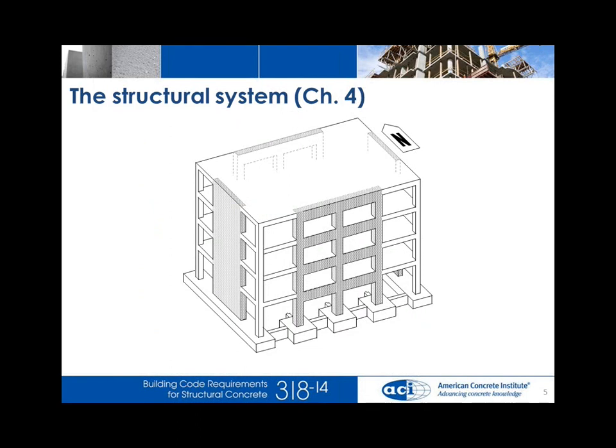And so the chapter says, okay, there are loads that are going to have to be resisted by this structural system. The chapter identifies what the different loads are that have to be resisted, where in the building code, Chapter 5 it turns out, you find the loads, and what kinds of analyses are acceptable for figuring out the load paths and analyzing the required strengths.